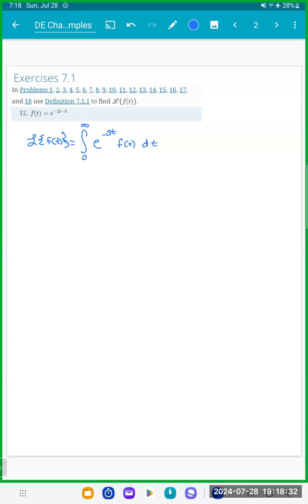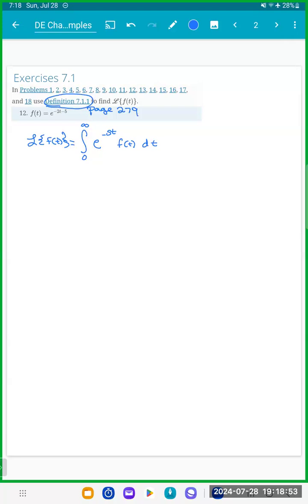And so again, that is the Laplace transform. Now you'll see this particular set of problems says that you need to use definition 7.1.1. You can find this on page 279 of your textbook.